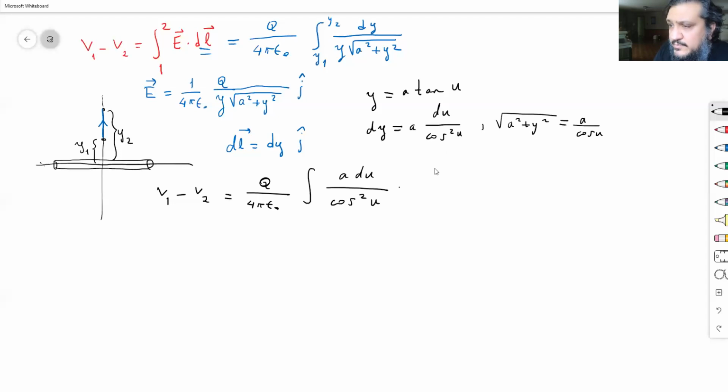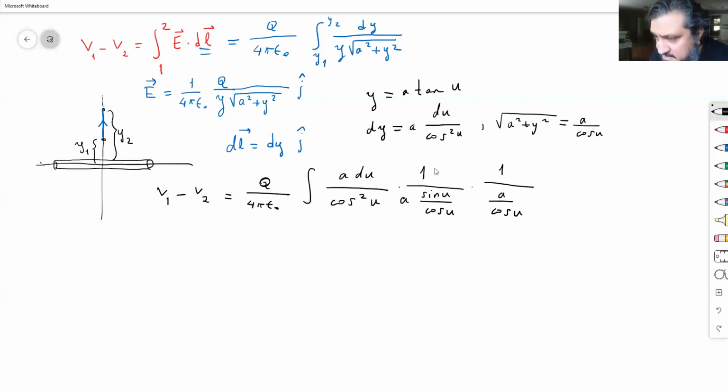And then 1 over y, which is a sine u over cosine u. Okay, and then what is left? 1 over the square root of that thing. So 1 over a over cosine u.